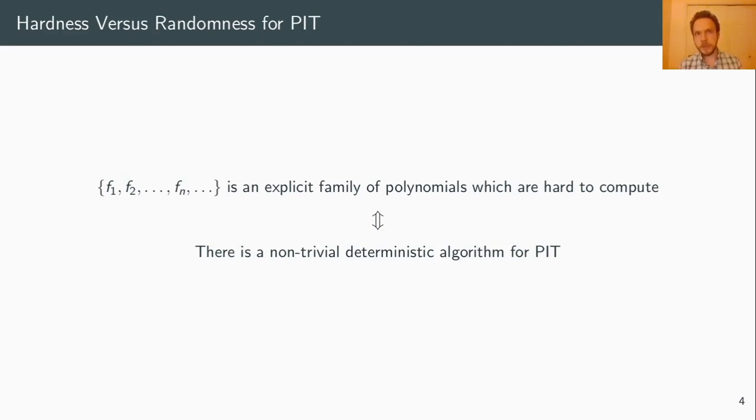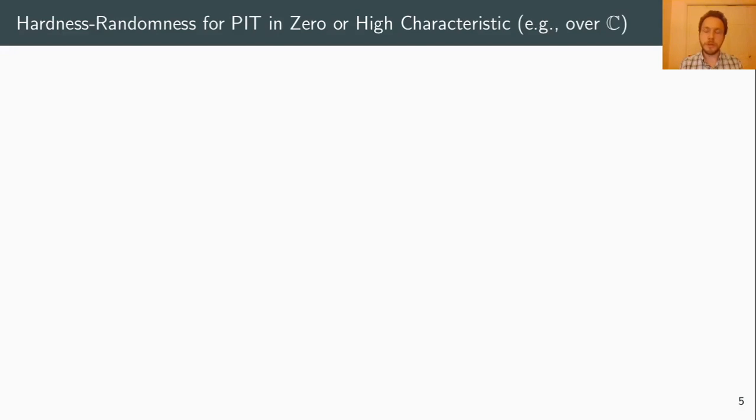Now, this is not a new idea or a new approach to de-randomizing PIT, so let me tell you what's known. There are two flavors of result here, depending on what kind of field you're working over. If you know what it means, the results on this slide are going to hold when the characteristic of your field is 0 or large. And if you aren't familiar with that terminology, just think of these results as taking place over the complex numbers.